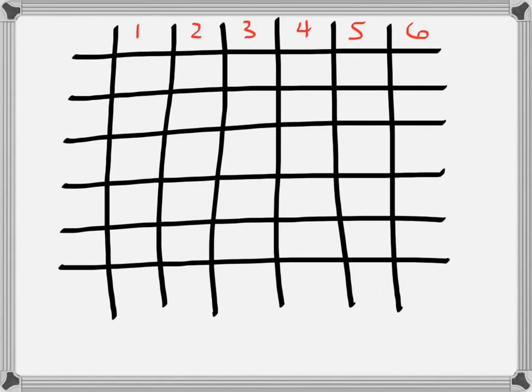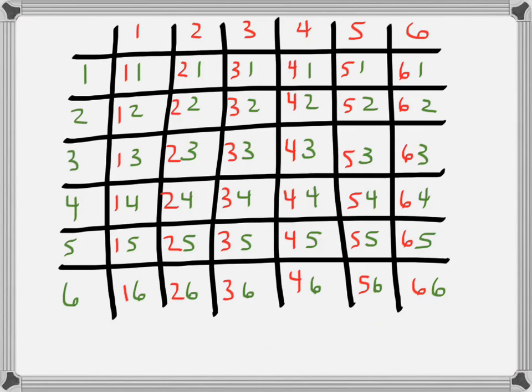The top numbers are going to represent the numbers on the first die. The numbers going down the first column will represent the numbers on the second die. I've color coordinated these for you so that you understand that the colors represent the different die. We fill in the table by matching up all of the numbers in the rows with the columns.